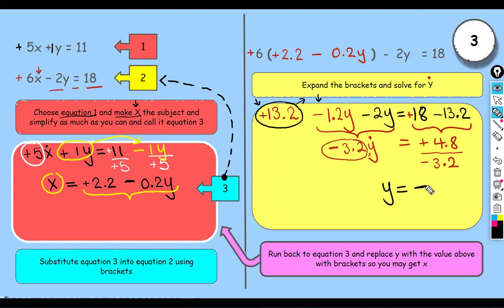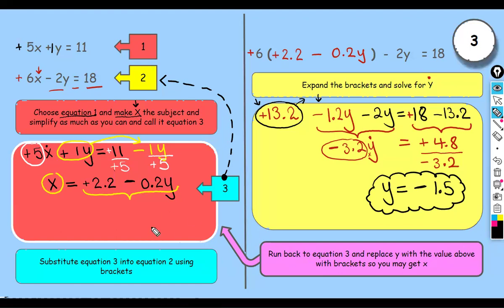I need my calculator for the other one. 4.8, I'm getting 1.5. The answer for Y is minus 1.5. So we're almost there, guys. If somebody were to ask you, hey, what's the value of Y? You could give them a firm answer. Y is minus 1.5. So once we get our first answer, read the purple instructions here.